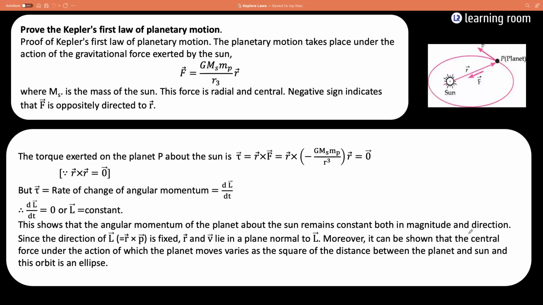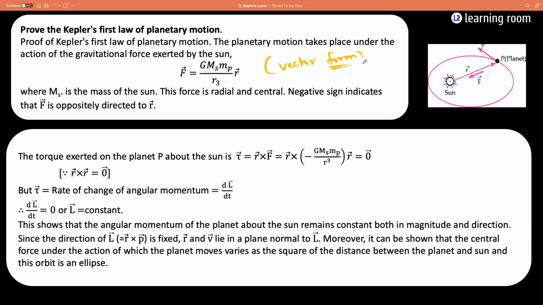The vector F is equal to G M_S M_P divided by r squared. What is this? It is the vector form of gravitational force.